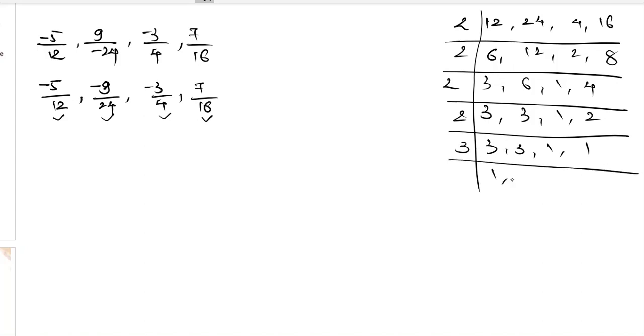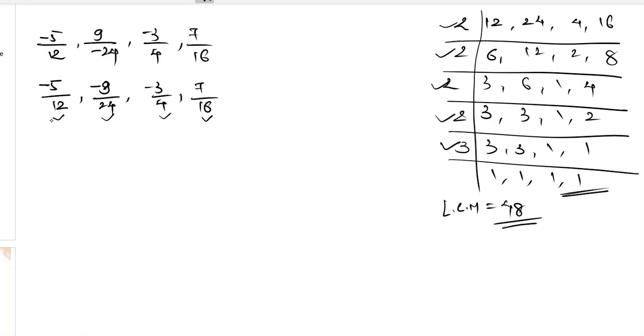And 3 1s are 3, 1 as it is, 1 as it is. That's it. So 2 2s are 4, 2s are 8, 2s are 16, 3s are 48. So the LCM is, as I told you, 48.